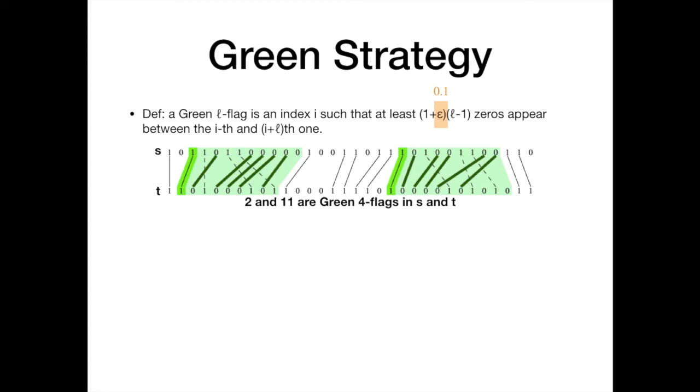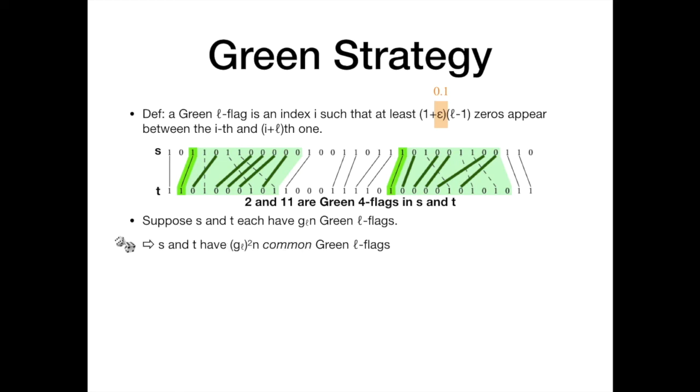So now suppose we have two strings S and T that each have lots of green L flags. S has some set of Gn indices that are all green L flags. T has some set of indices that are all green L flags. If these indices were randomly distributed, which they're not, then in expectation roughly G squared n of the indices would overlap.